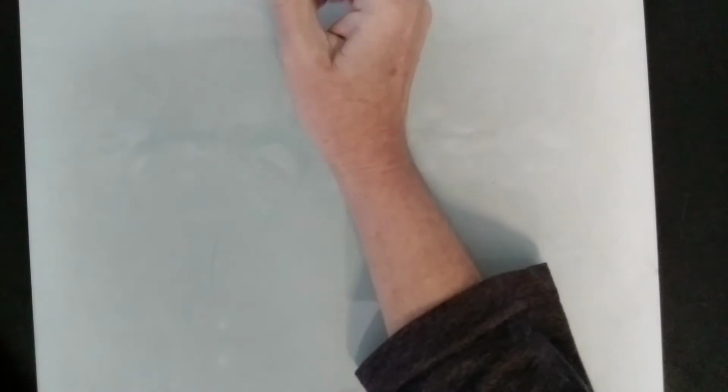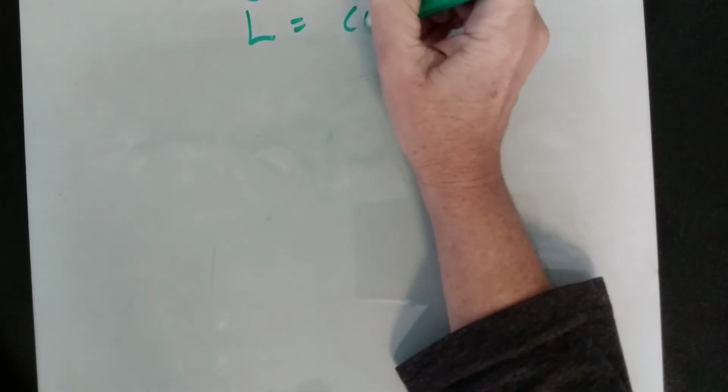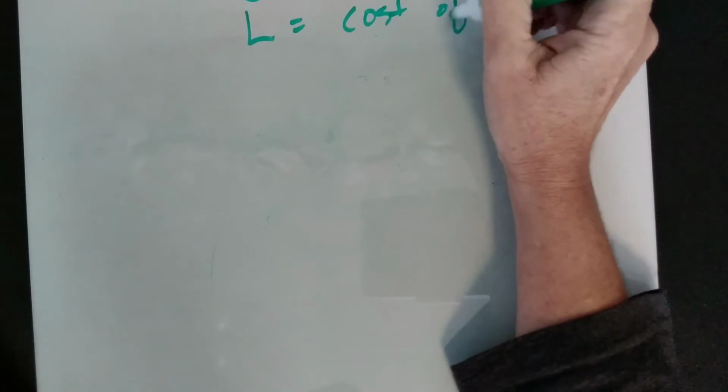So it's telling us we're finding the cost. So S is going to be the cost of a small box and L is going to be the cost of a large box.